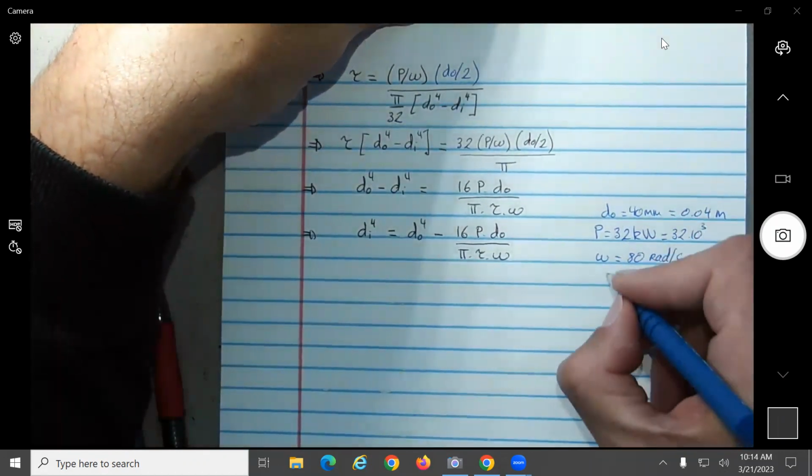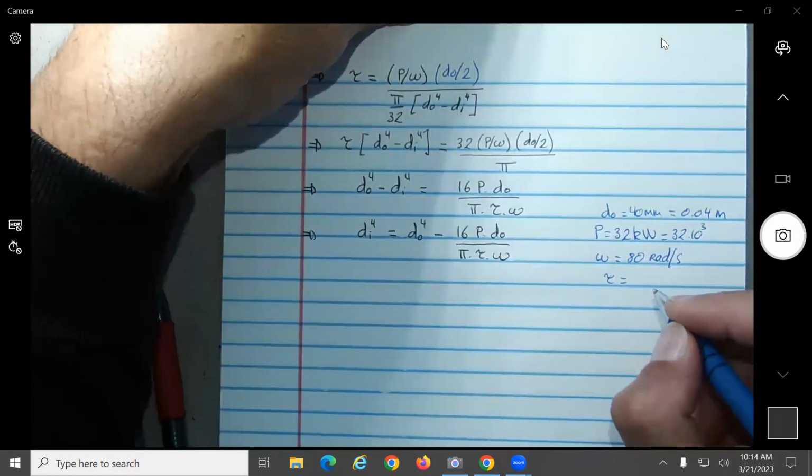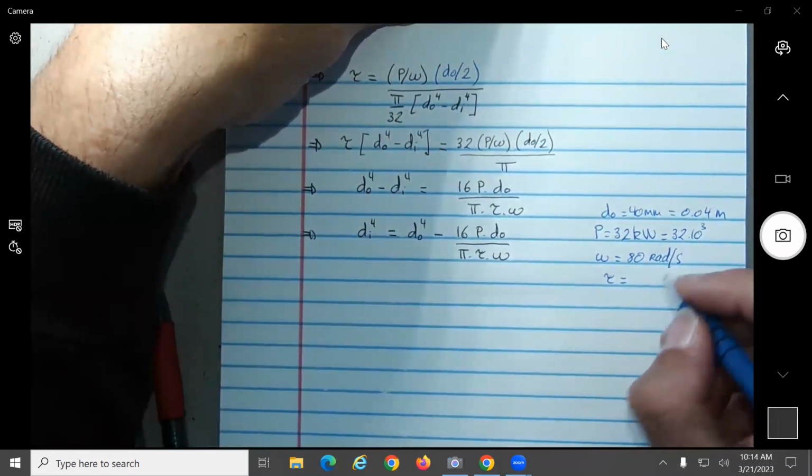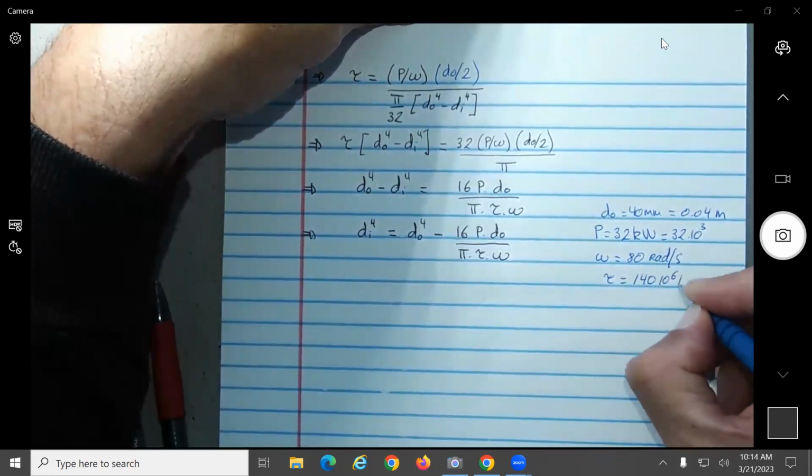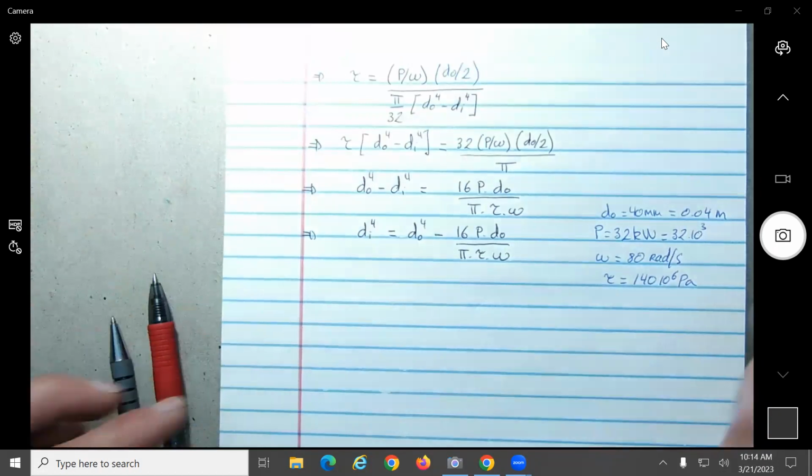And what else do we need? The maximum shear for that material should not exceed 140 times 10 to the 6 pascals.